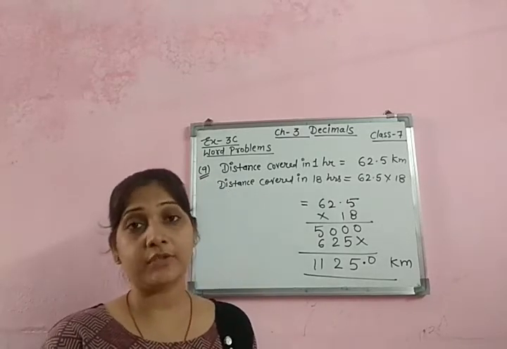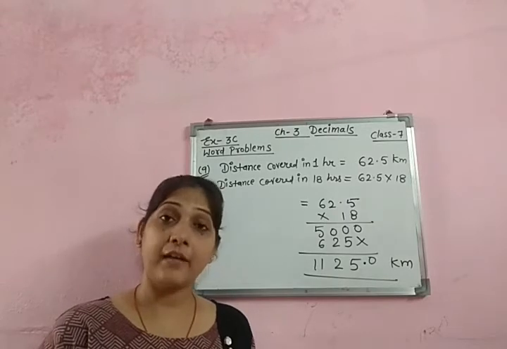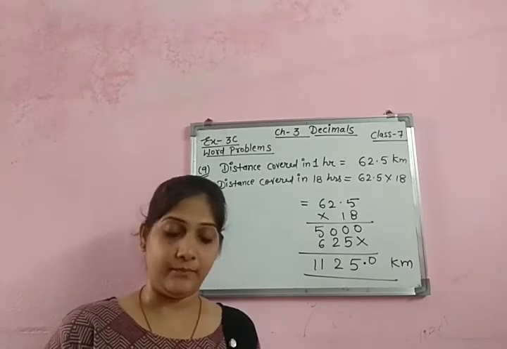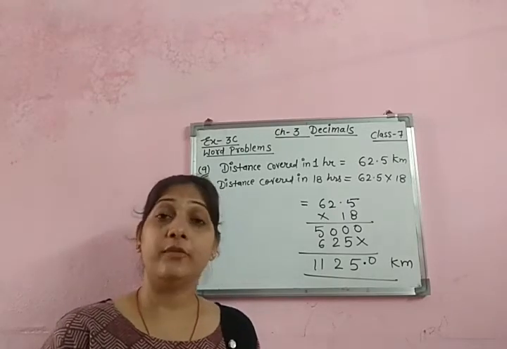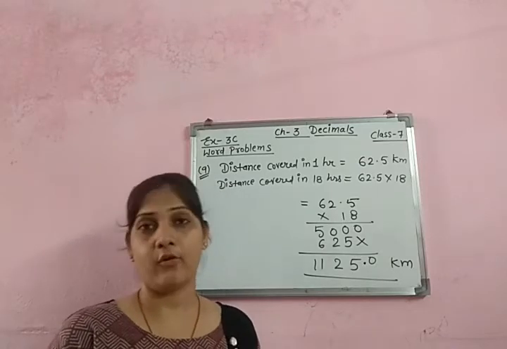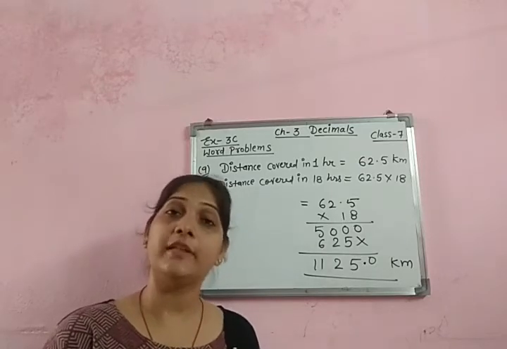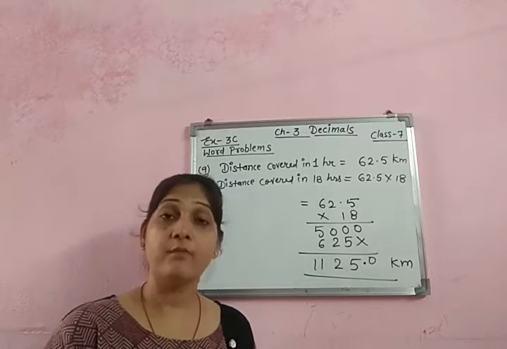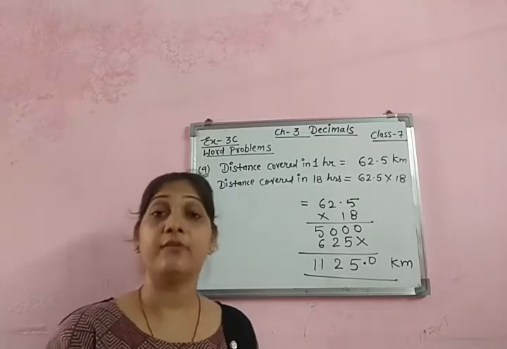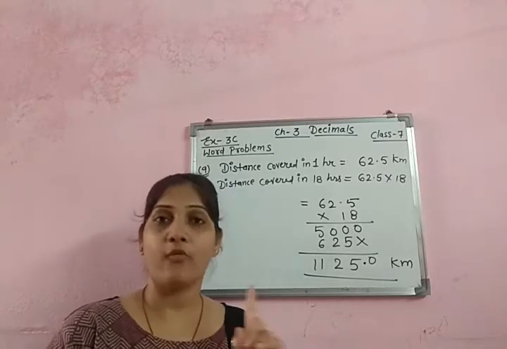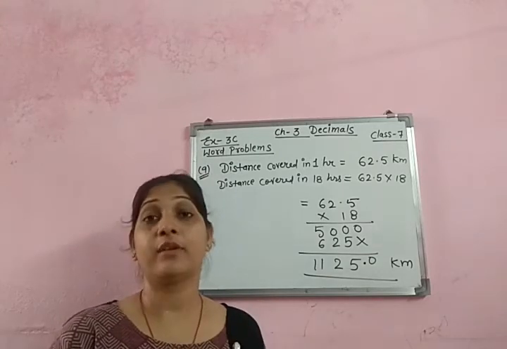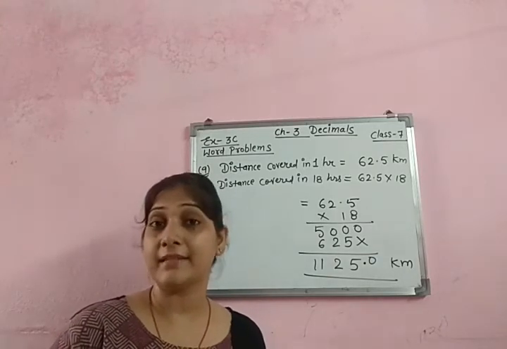Now question number 11. Again, you need to solve it yourself. A bag of wheat's weight is given. It means the weight of one bag of wheat is given, 97.8 kilograms. How much wheat is contained in 500 bags? So one bag's weight is given. Can you calculate the weight of 500 bags? Yes.